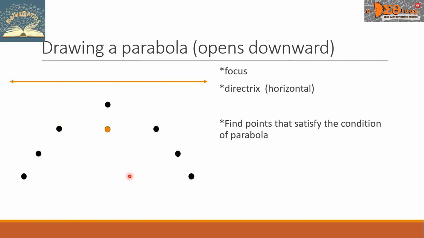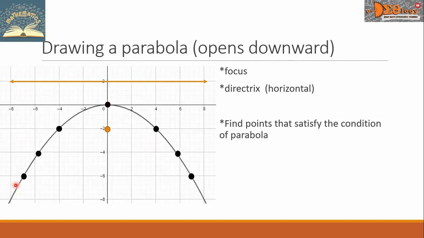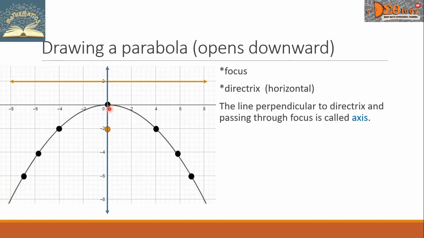And from here, let us connect these points with a smooth curve. And here we have the parabola. And intentionally, we put this point at the origin. There is a line perpendicular to directrix and passing through focus that is called axis. This is the axis.